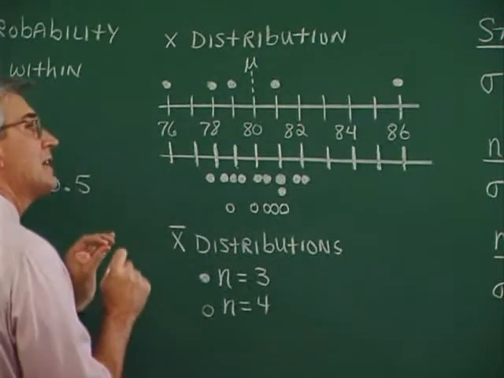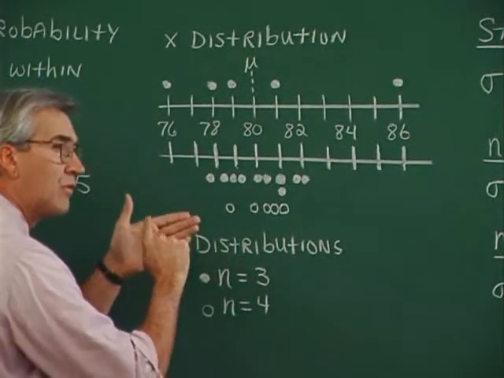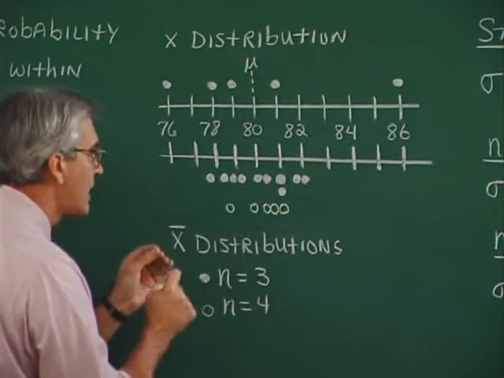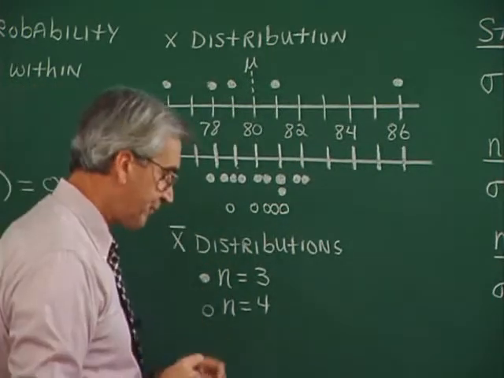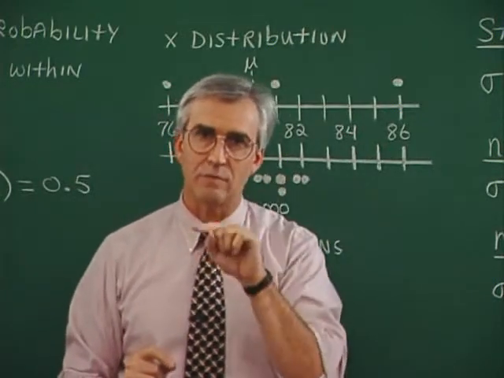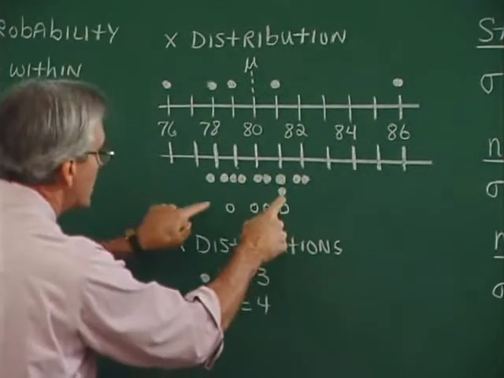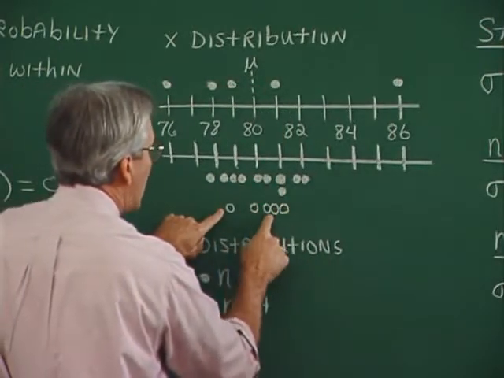Now, then I took sample size 4 and I performed the same kind of calculation. That is, I took each of those samples of size 4 and calculated an X bar, or a mean of each of those samples. And I have graphed those here, with a little open circle.